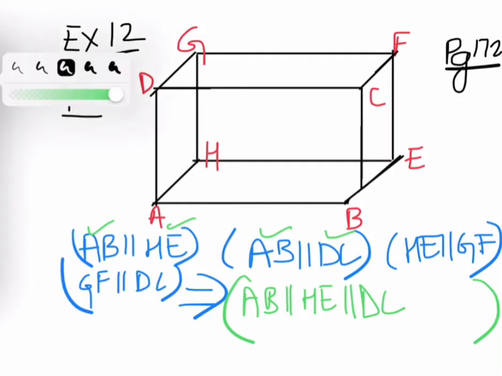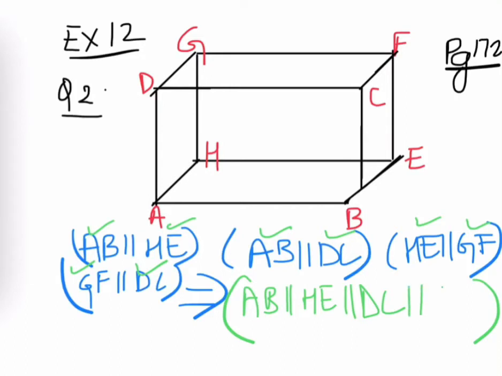Similarly, HE, or you can say GF, is parallel to HE also, and GF is parallel to DC also. So HE and DC are already written. What do we have to write? GF. Which means all these four lines are parallel to each other. Okay, AB is also parallel to GF.